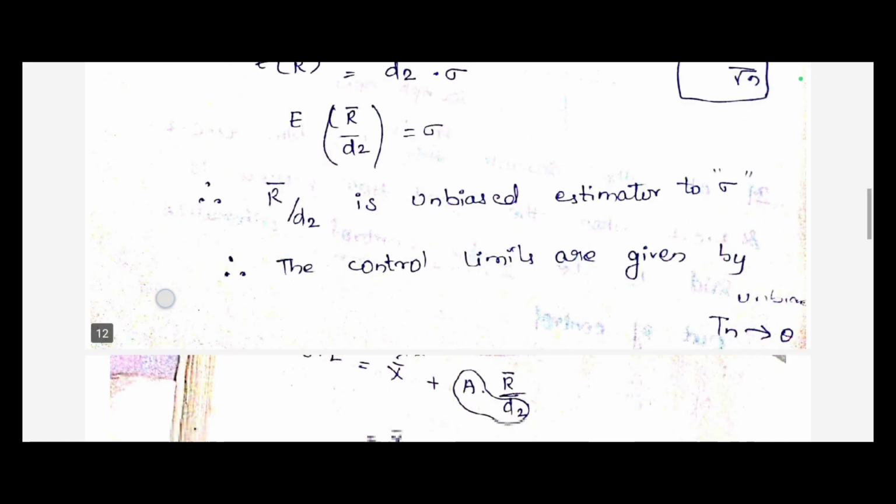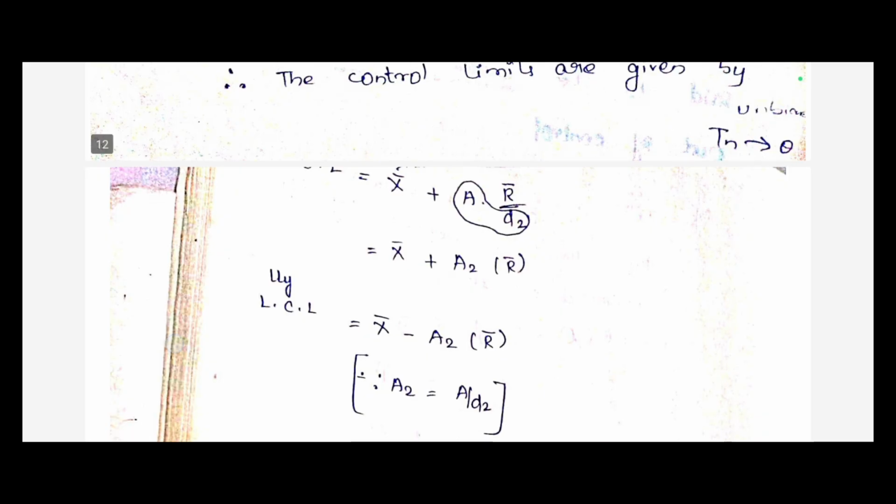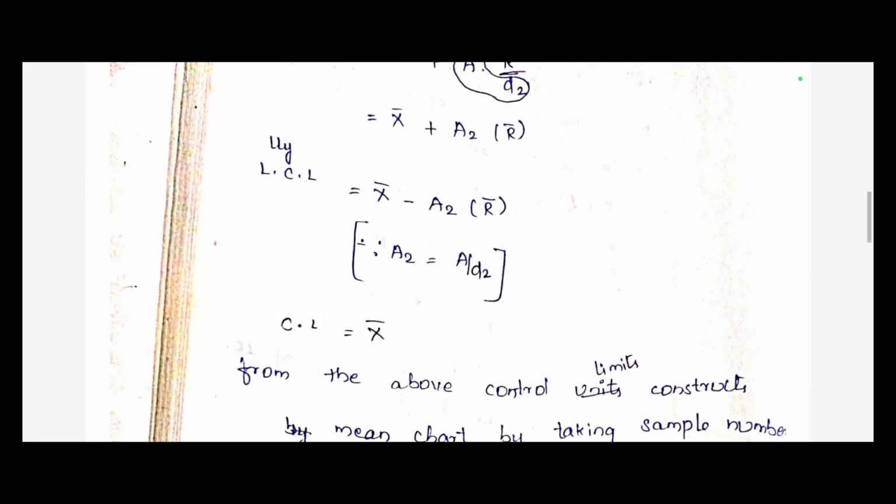So just replace that. Therefore the control limits for the mean chart are: UCL equals x bar plus A into R bar divided by d2, writing R bar divided by d2 in place of sigma. Here A into 1 divided by d2 is A2.